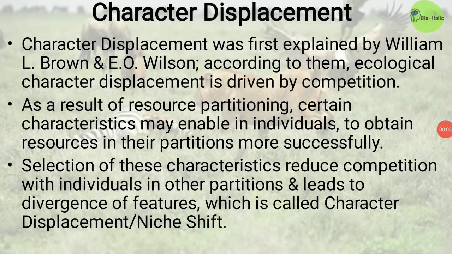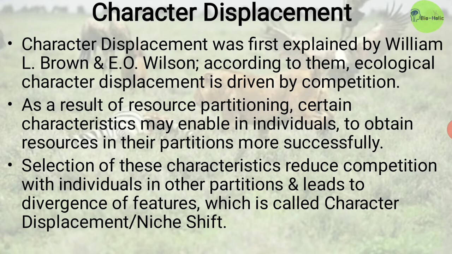Now, the third and most important outcome of competition is character displacement. Character displacement was first explained by William L. Brown and E. O. Wilson. According to them, ecological character displacement is driven mainly by competition.